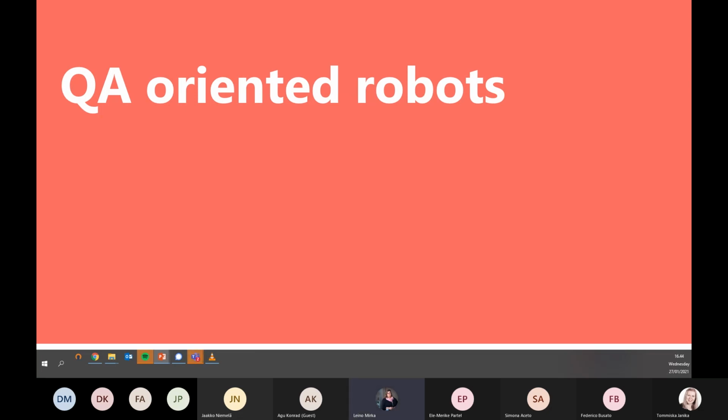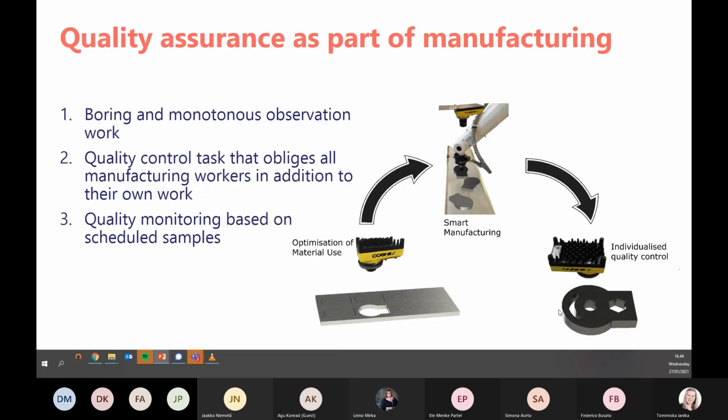At the end of this lecture, let's look a little at how robots could also be utilized in quality control. Quality control as part of manufacturing has often been carried out either as truly monotonous and tedious tasks where the worker only looks at the products on the line and tries to detect possible deviations, or as a part of the job description of all manufacturing workers.